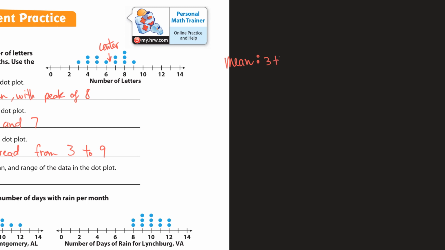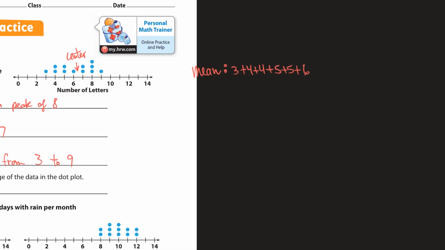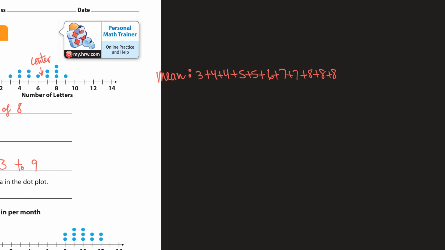So the mean is a 3 and 2 4s and 2 5s and a 6, 2 7s, plus 3 8s, and then plus a 9. There are 12 months.